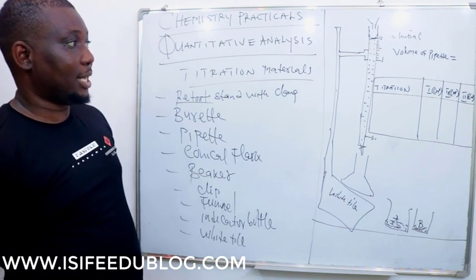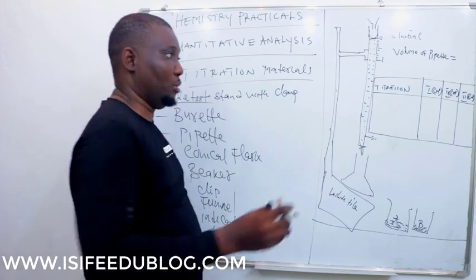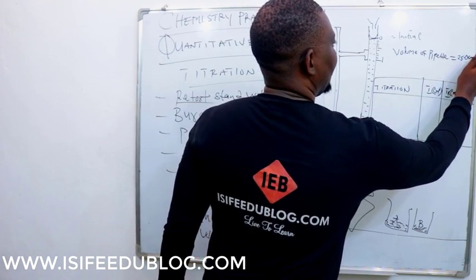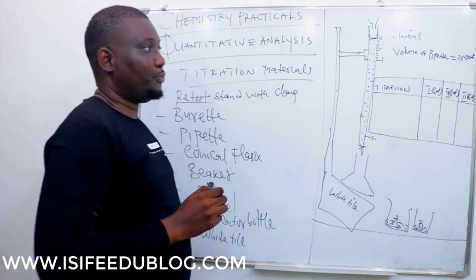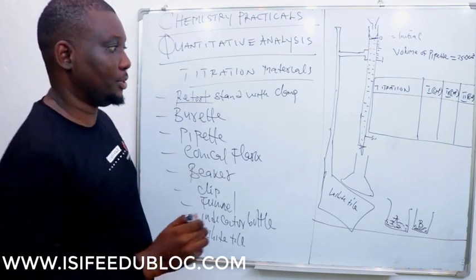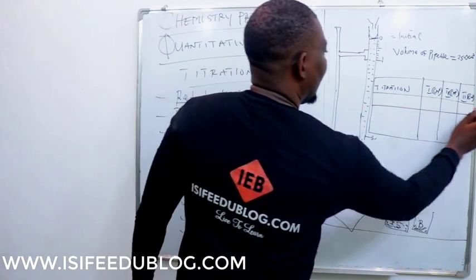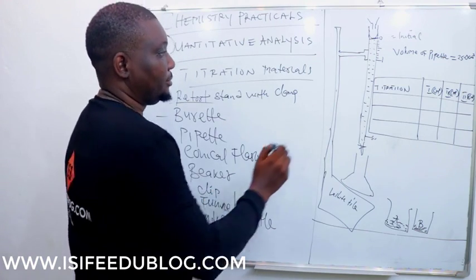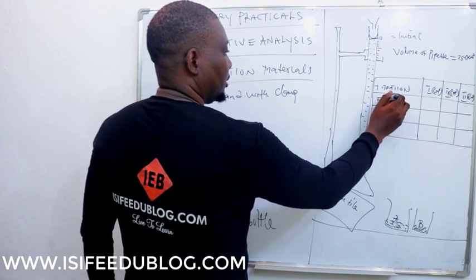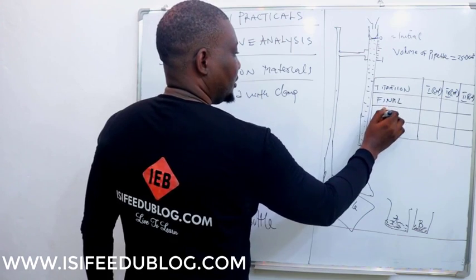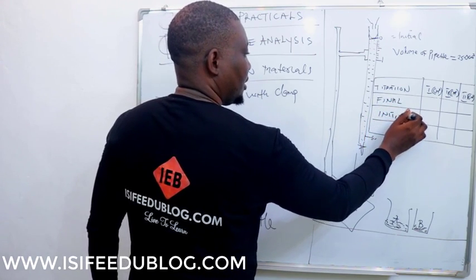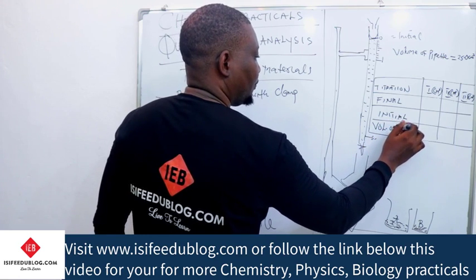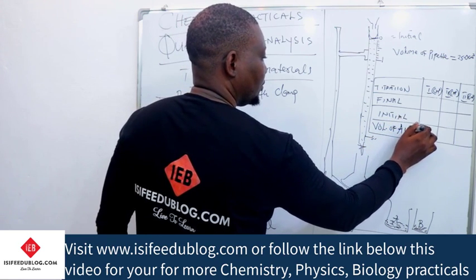But as far as this video is concerned, we're going to be using 25.0 centimeter cube as our volume of pipette. That is how the table is. And then the first thing here is to draw your final reading, initial reading, and then volume of A used.